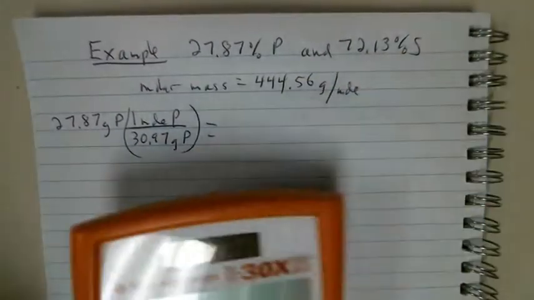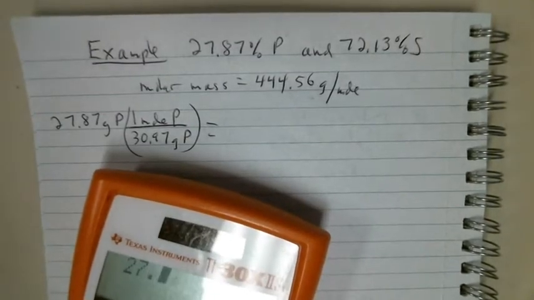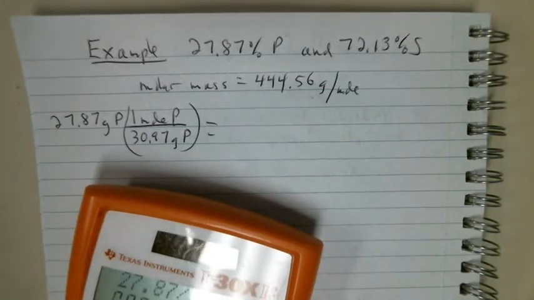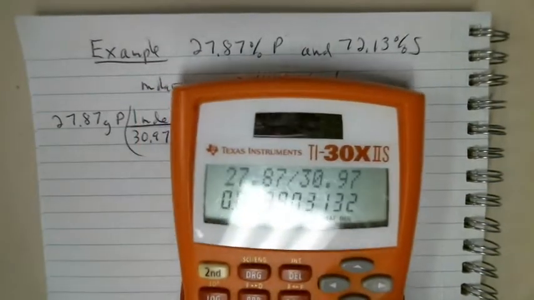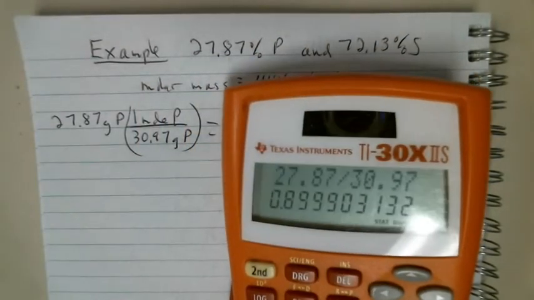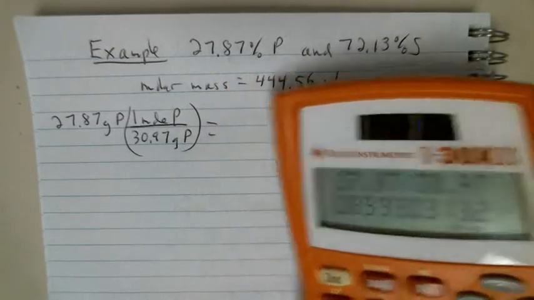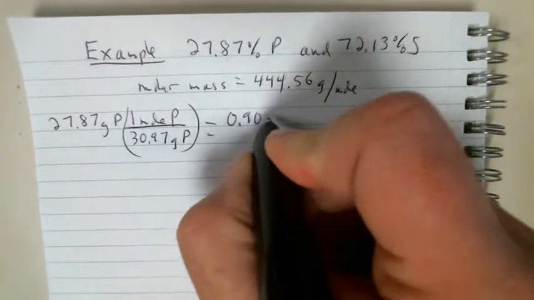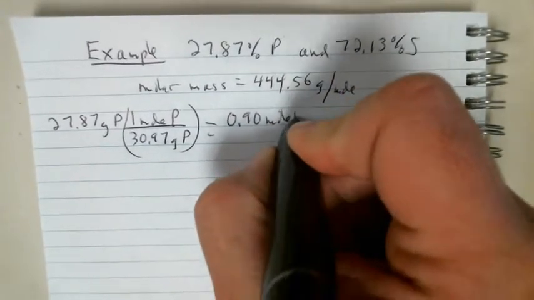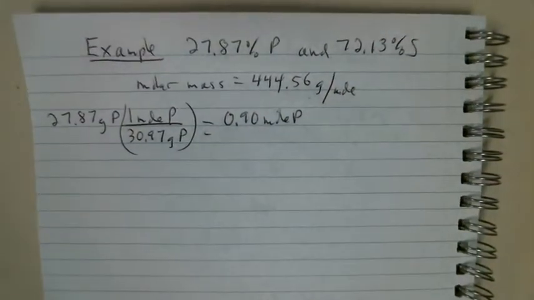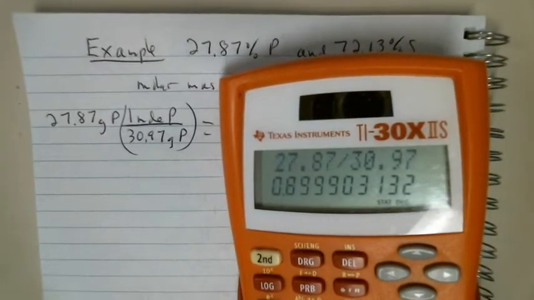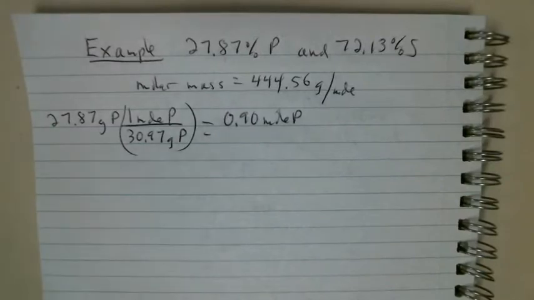You do that, 27.87 divided by 30.97. I get 0.89999. Now I'm going to round that to 0.90 moles of phosphorus. It's so close that seems legal, right? Because you got 4 digits there, it's going to round up to 0.90.